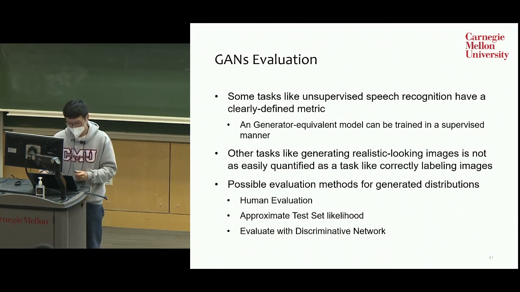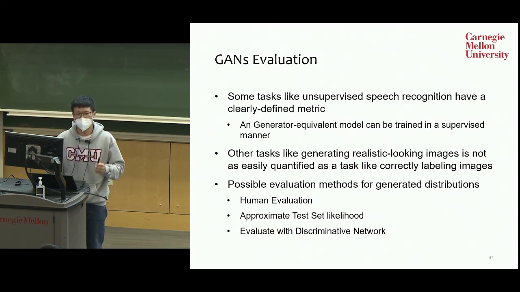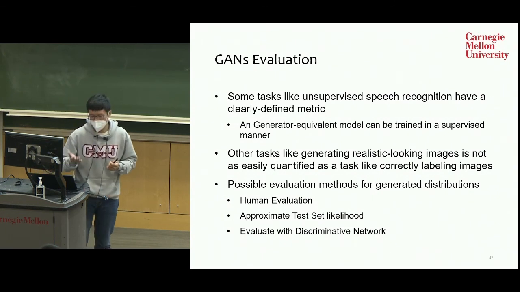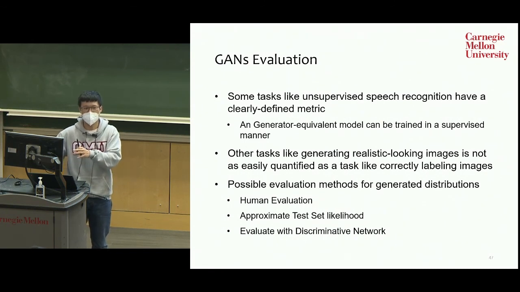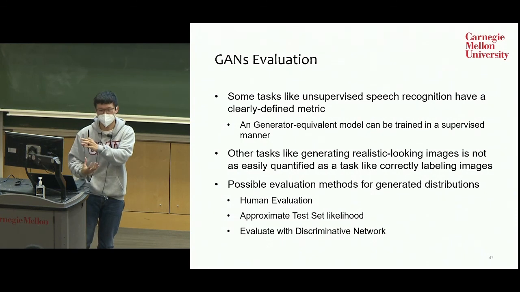I think the approximate test likelihood was removed because it's overly complex and not really used in practice. It requires generating a large amount of data to approximate the distribution generated by the generator and compare whether that distribution is similar to your training data.